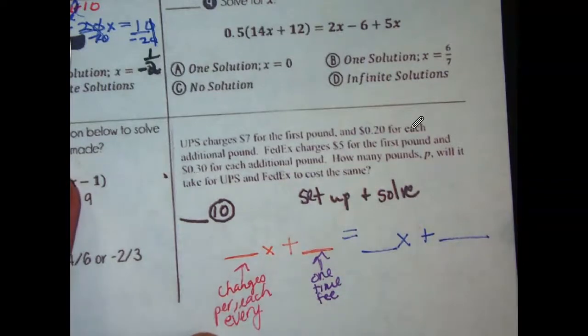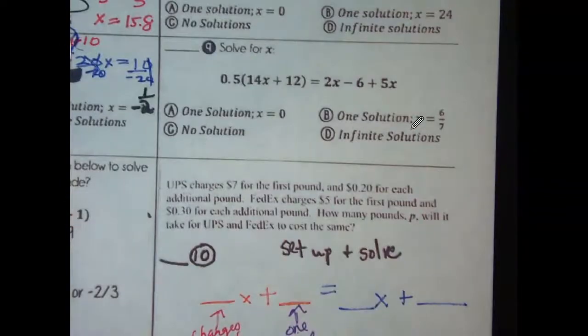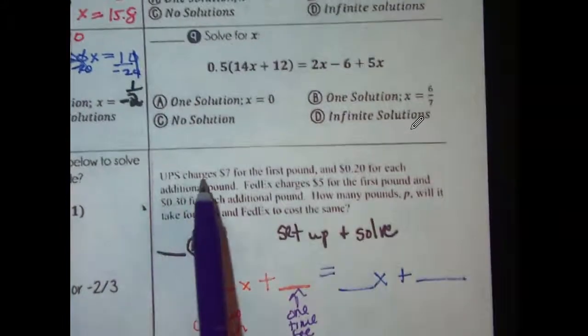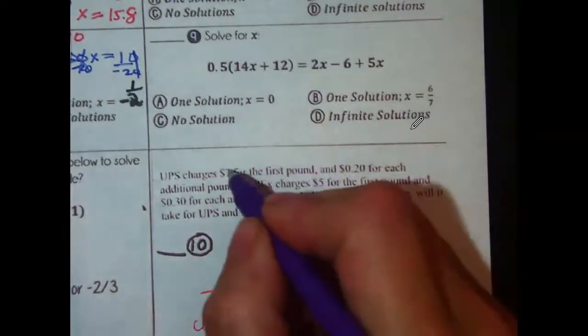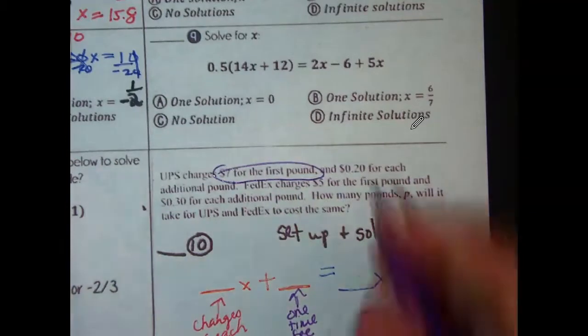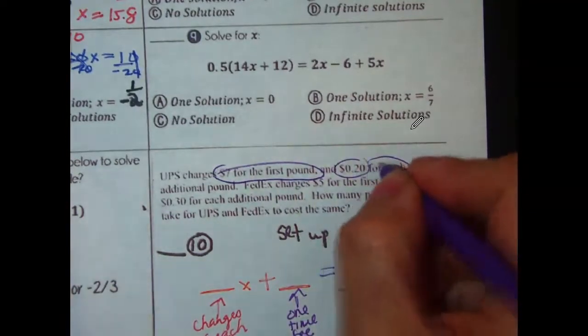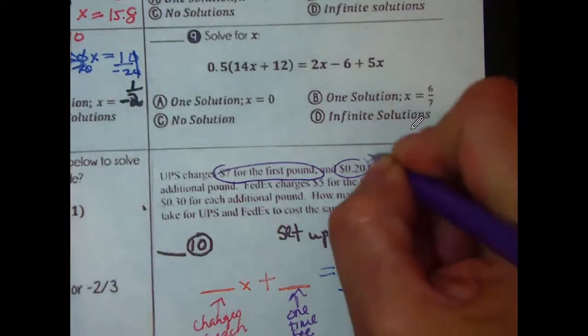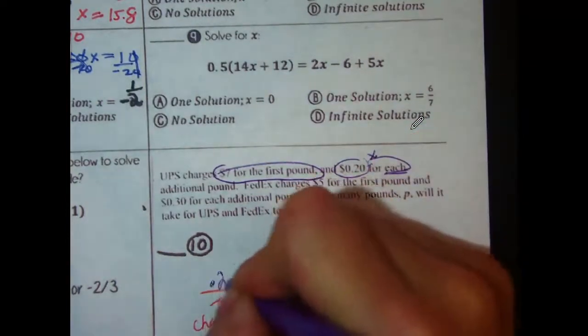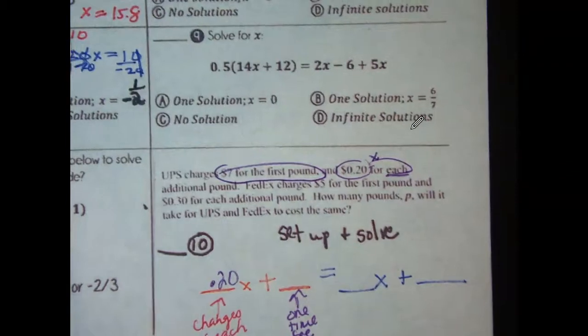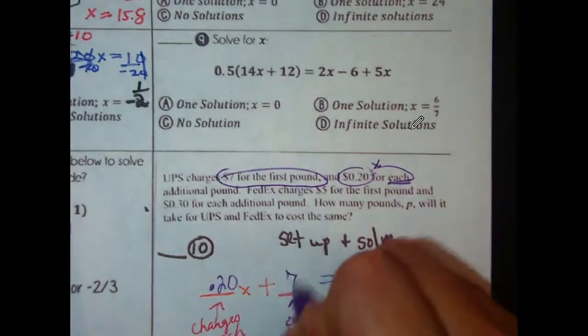So we're just going to set this one up first together. It says UPS charges $7 for the first pound and 20 cents for each additional pound. So right there, I see the word each. This is going to be the one that goes next to my x, 0.20. And then the one-time amount for UPS is the $7.